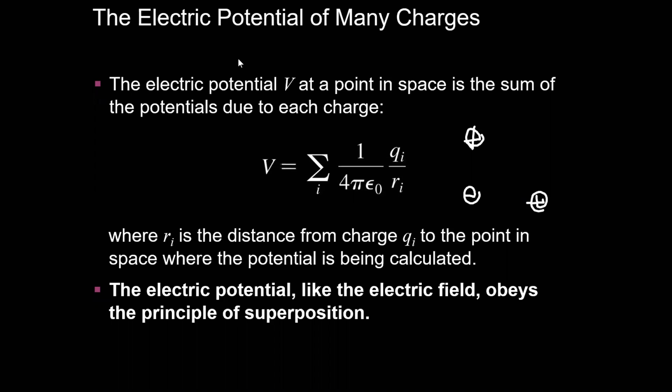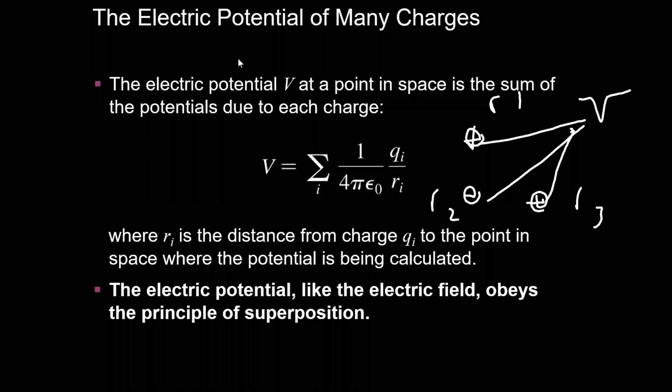If we were given 3 charges and asked to find what's the potential at this location in empty space, we would have to do these 3, R1 and then R2 and then R3. We'd have to calculate this number 3 different times, changing the values of the charge and changing the values of the distances, but we would just add the numbers together.